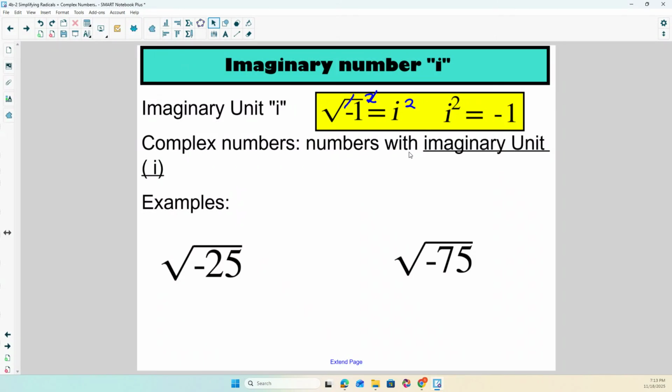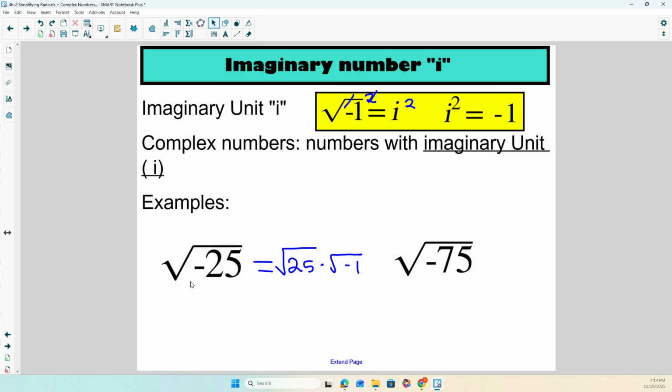And also, if you have a negative number under the square root symbol, you can rewrite this as the square root of a positive number times the square root of -1. So complex numbers are numbers that have that imaginary unit i next to them.